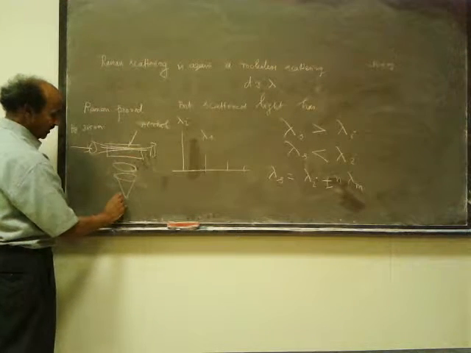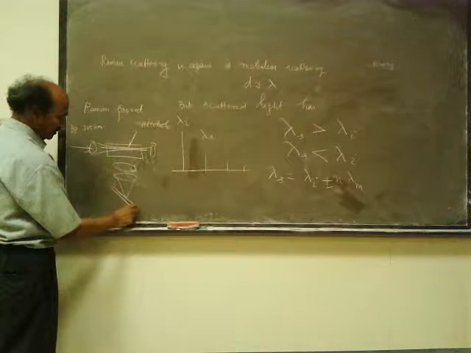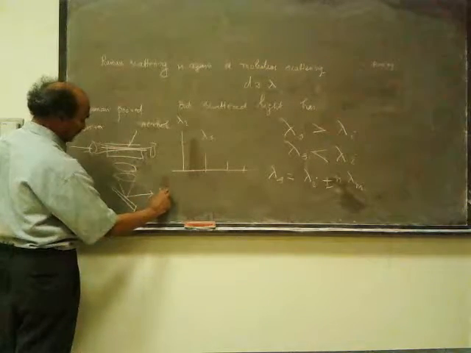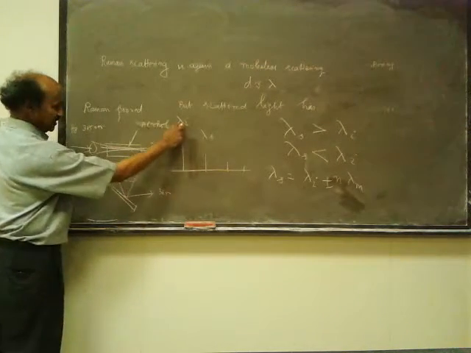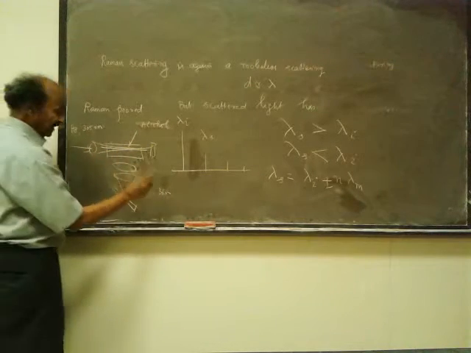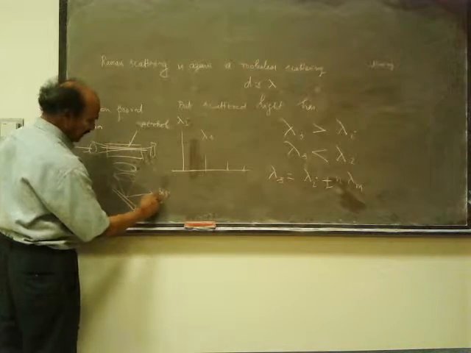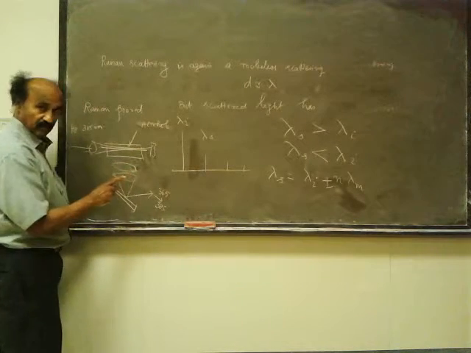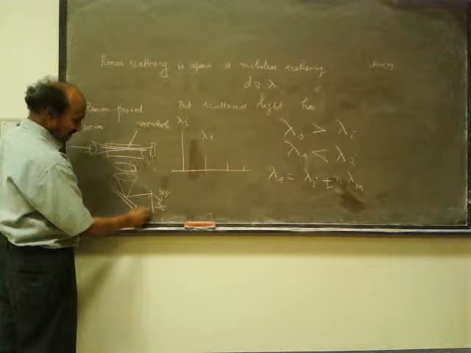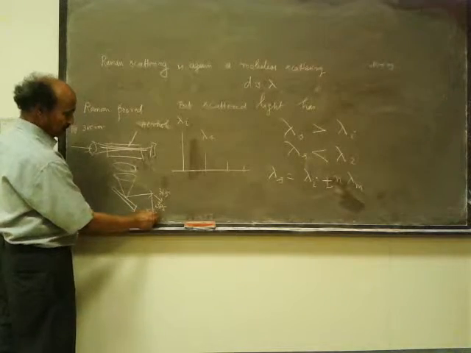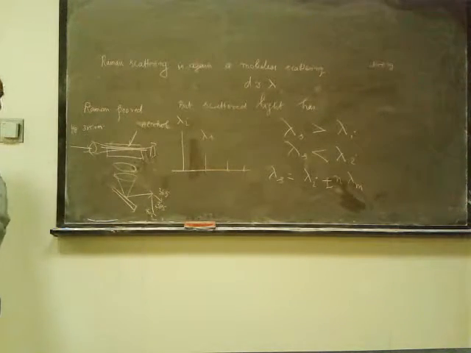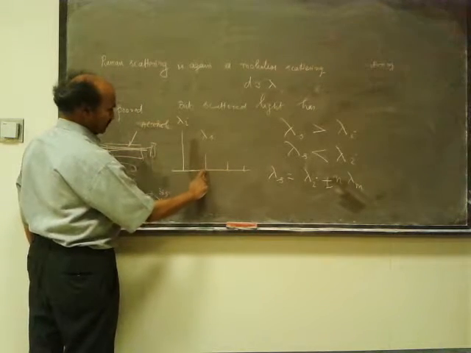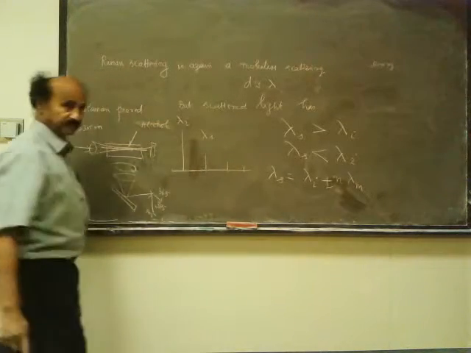If you put a grating, you get the light: 365 due to the incident light, and he got another light at, let me say, 385. He got another light at 405. So on the spectrum, he got lines like this.